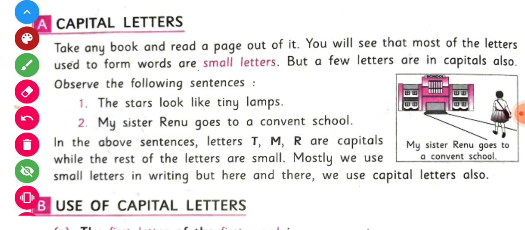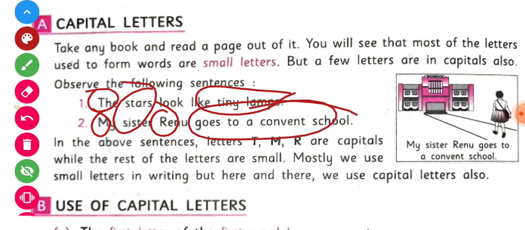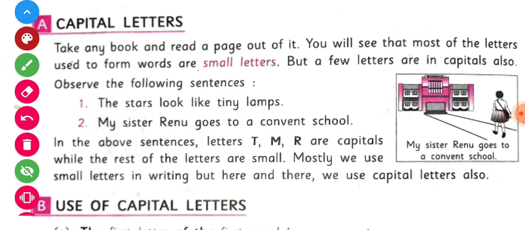In the above sentences, letters T, M and R are capitals, while all other letters are small. Mostly we use small letters in writing, but here and there we use capital letters also.